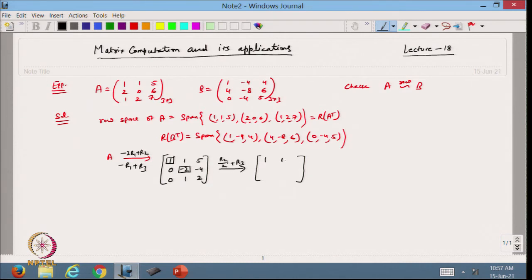So, it will be 1 1 5, 0 minus 2 minus 4, and then from here it will be 0, then 0, because I am just dividing by 2. So, it will be minus 1 plus 1 is 0, and minus 2 plus 2 is 0. So, this is my U, that is the row echelon form.